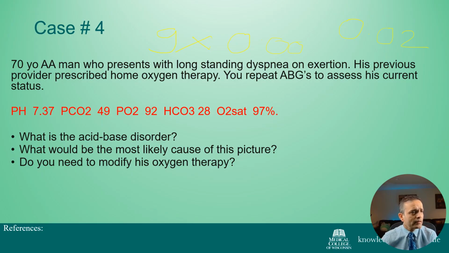But look here. Oxygen saturation of 97%. I think that's a really high number. Any number more than 95. Remember, you don't need pulse ox more than 95 in any conditions.